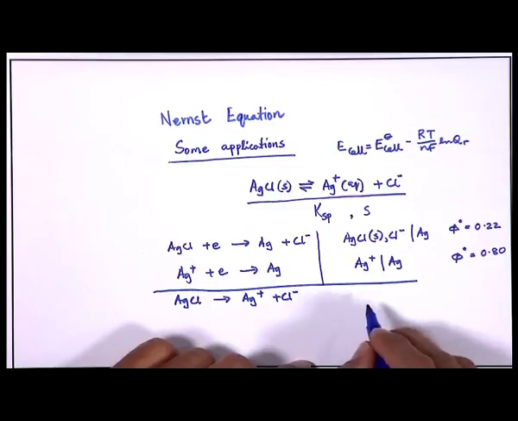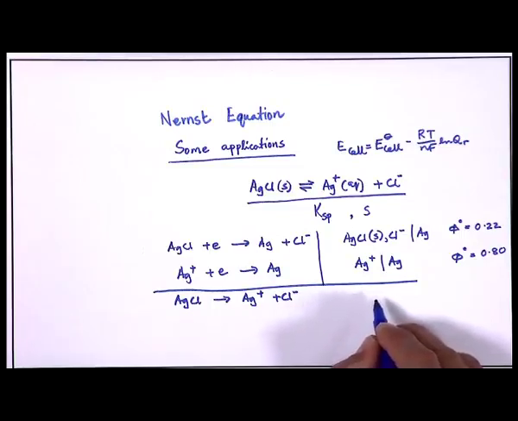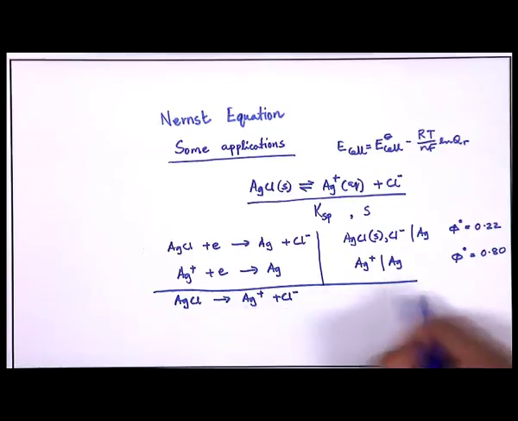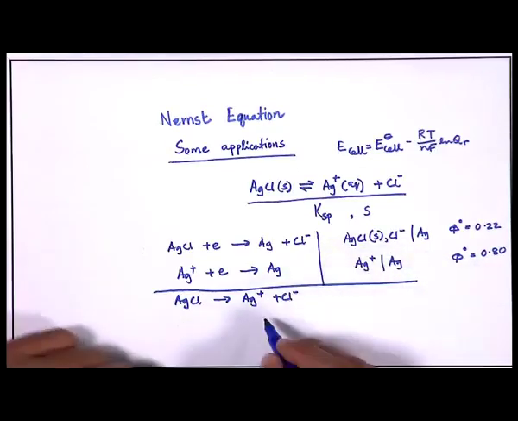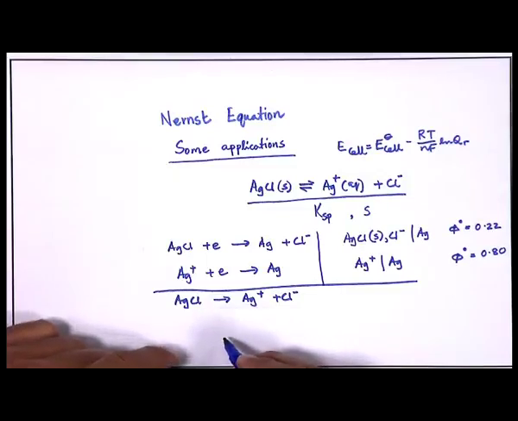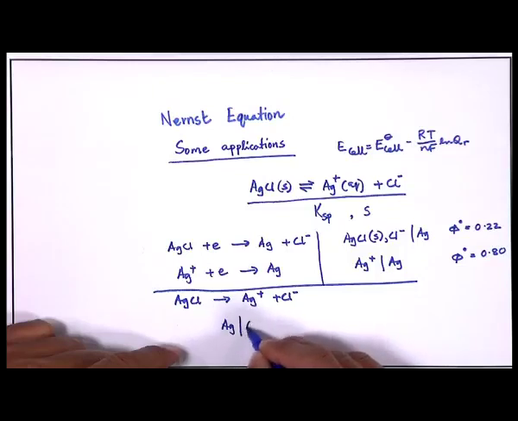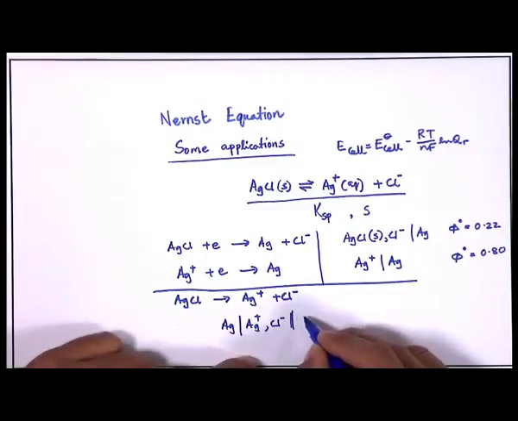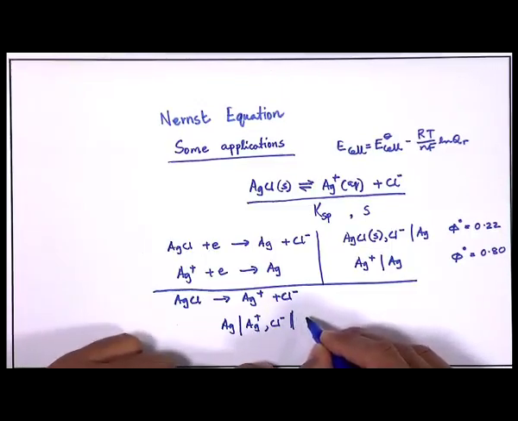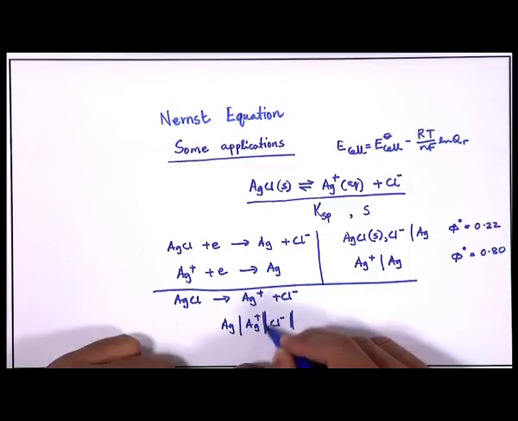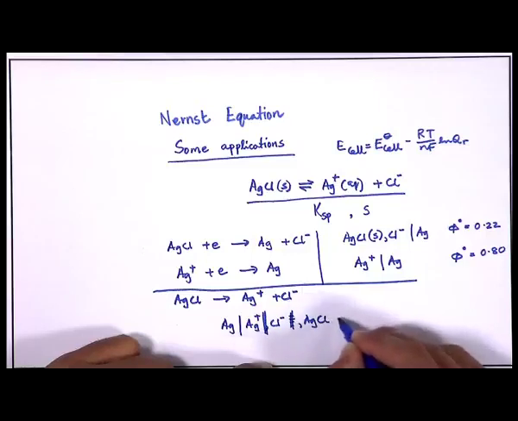If we combine these two, the cell will be like this: Ag, AgCl, Cl minus, then Ag plus, Ag.